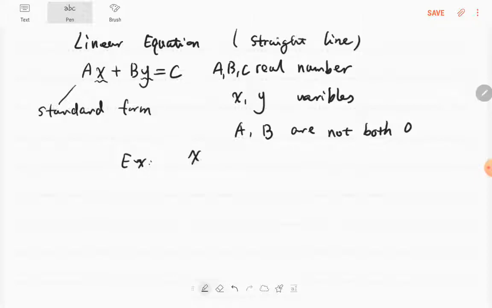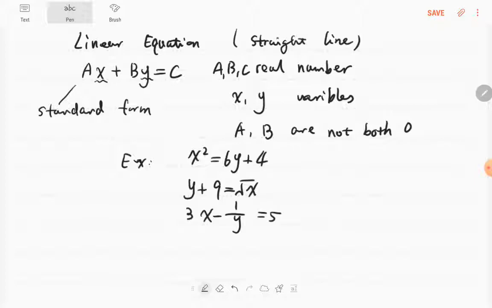Let's see, we have this equation and this equation. Let's check all these three equations to see if they are linear or non-linear. Okay, let's check the first one.